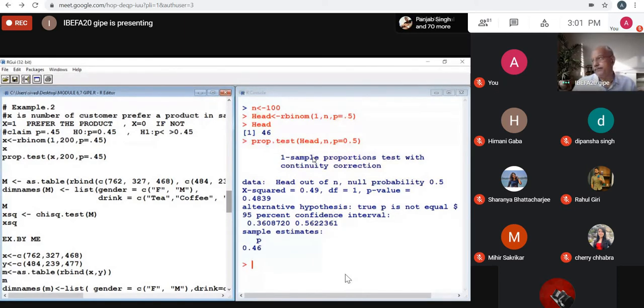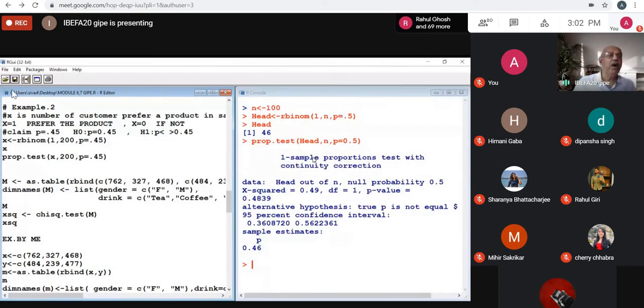Verify. The customer will either prefer Horlicks or prefer another brand. So Horlicks becomes the coin here, and the customer is a toss. So my H0 will be p equal to 0.45 versus H1, p different from 0.45.